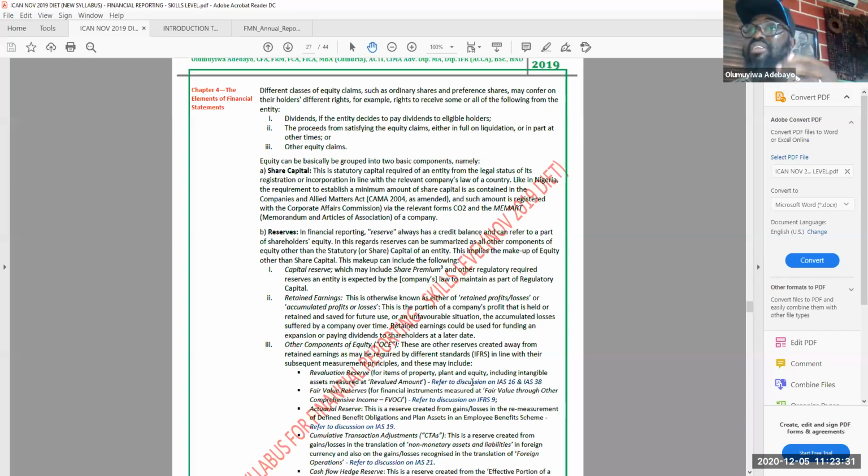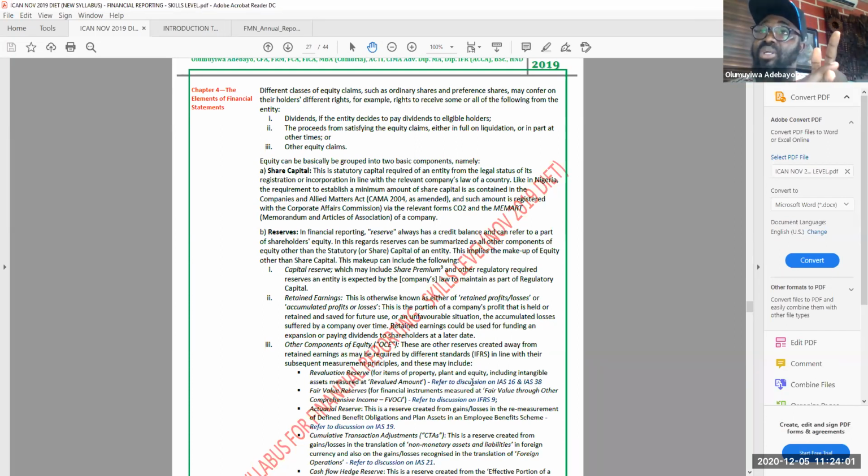Okay, other components of equity are related to any other reserve for financial reporting purposes that is created separately from retained earnings. Example of that is revaluation reserve, created as a result of revaluation of assets that passes to other comprehensive income. Fair value reserve is created as a result of items that pass to other comprehensive income with respect to measurement of financial assets at fair value through OCI.